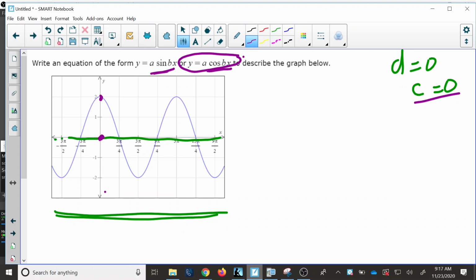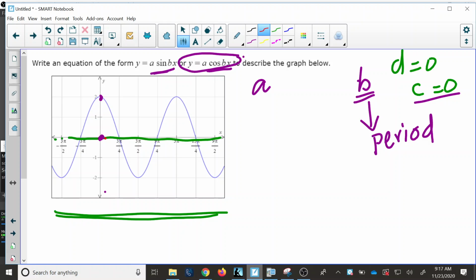Now all we need to do is find the amplitude, which is A, and then find B from the period. So you need to find the period and the amplitude. Let's find the amplitude first. The amplitude is how high the graph is from the midline.